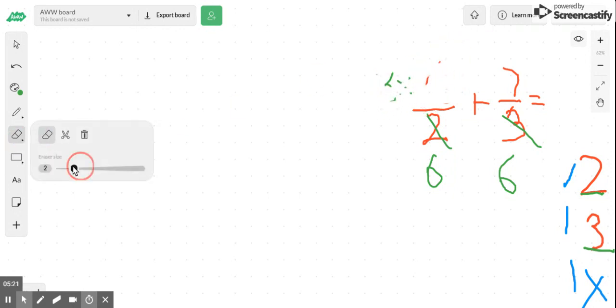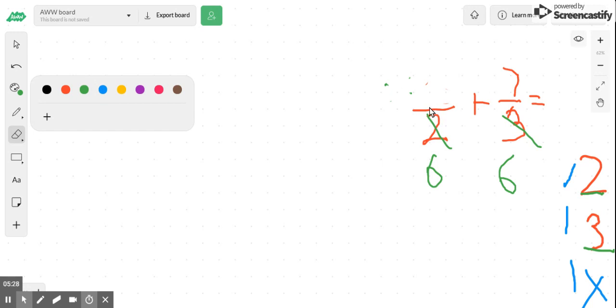So now our new numerator will be 18, and our denominator is 6 now.